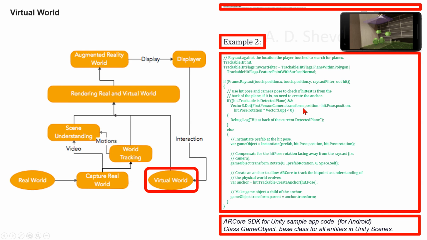Use the hit pose and camera pose to check if hit test is from the back of the plane. If it is, no need to create the anchor. So this is else part, and here instantiate prefab at the hit pose.